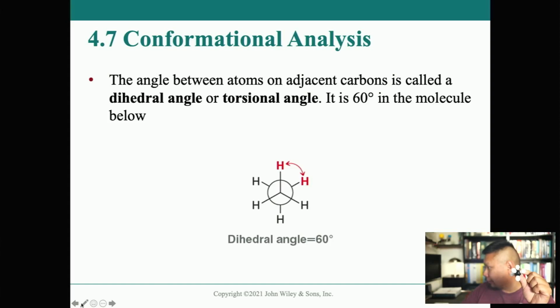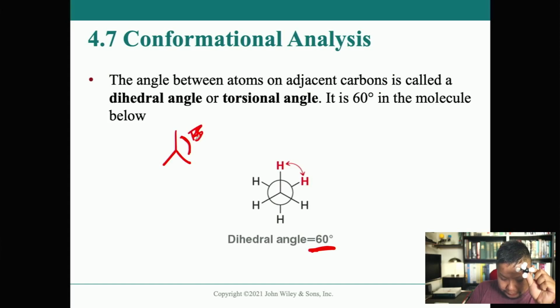I've got to switch to drawing mode here. It's 60 degrees, right? And this makes a lot of sense. You know why it makes a lot of sense? Remember that you had the trigonal planar geometry, and in trigonal planar geometry, the angle between those two bonds right there was 120 degrees.